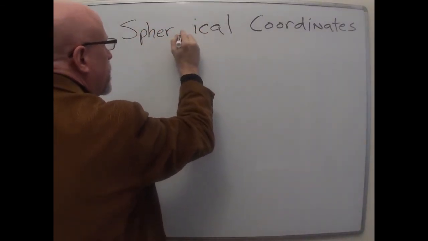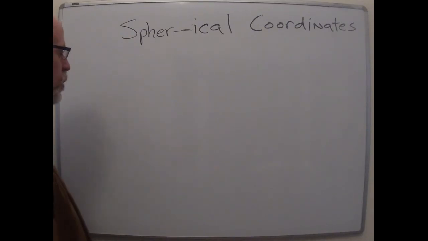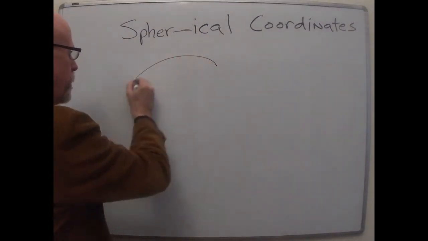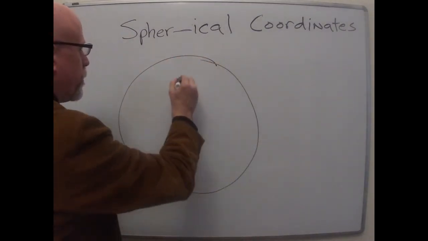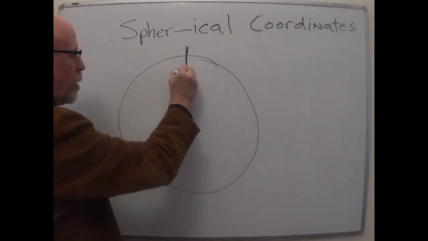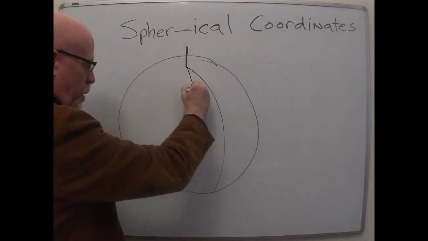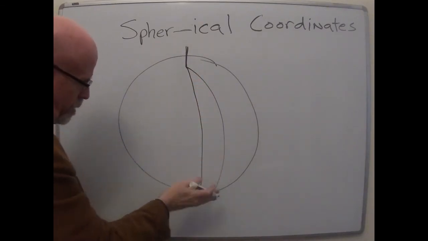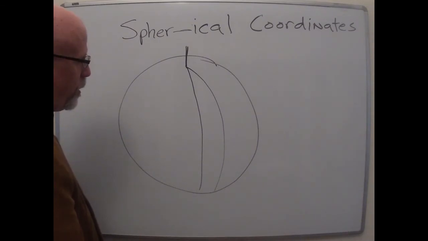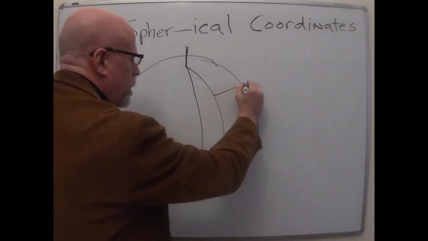So how does spherical coordinates work? Let me draw the Earth's surface for you. The North Pole sticks out about there. There are lines that go this way down towards the South Pole, which is just under the curve of the Earth for us. And these are called lines of longitude.